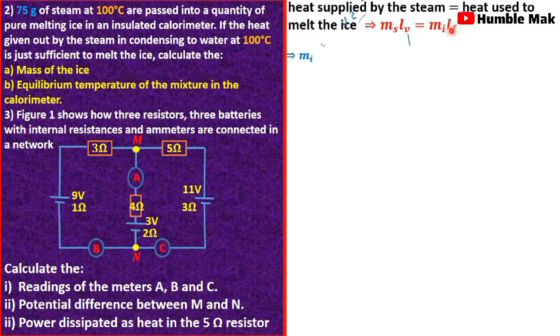If we make the mass of the ice the subject, and we plug in our values, we are going to have Mi being equal to, the mass of the steam is 75 grams. Under normal circumstances, we have to change from grams to kilograms, but we don't care about that because we still want to have our answer in grams. Okay, we need to have our answer in grams, so we don't care that much about converting from grams to kilograms.